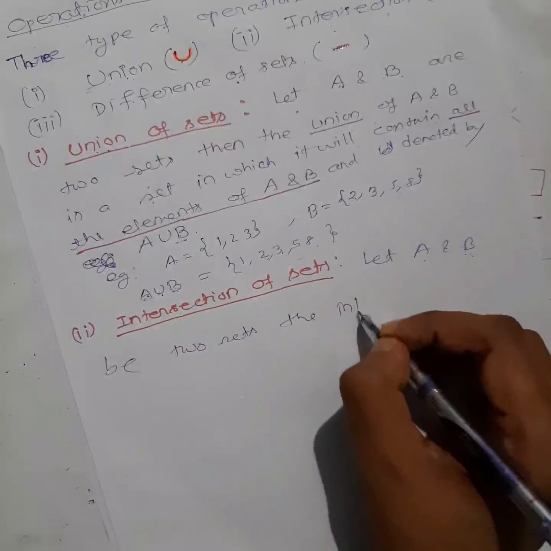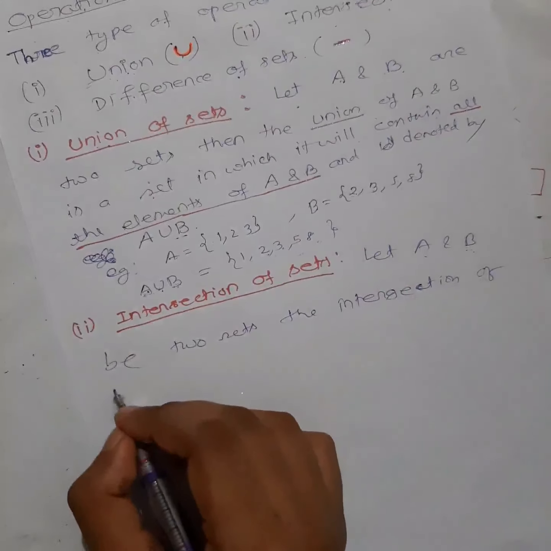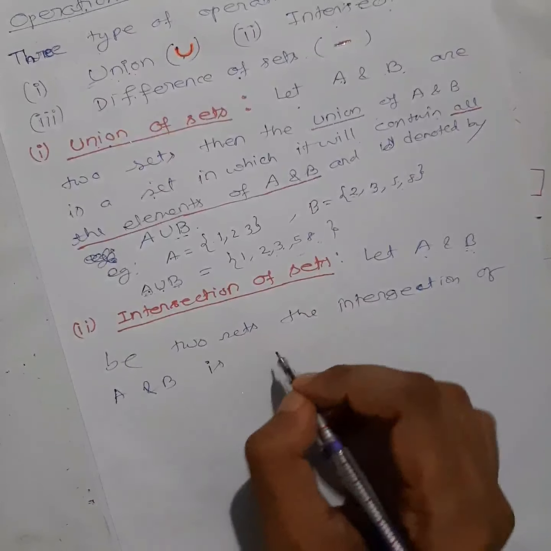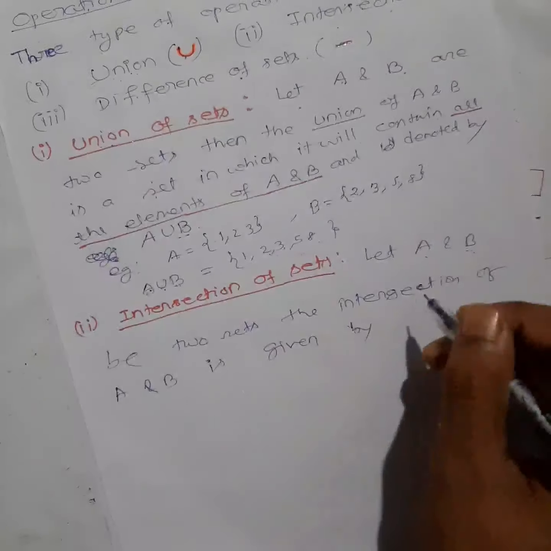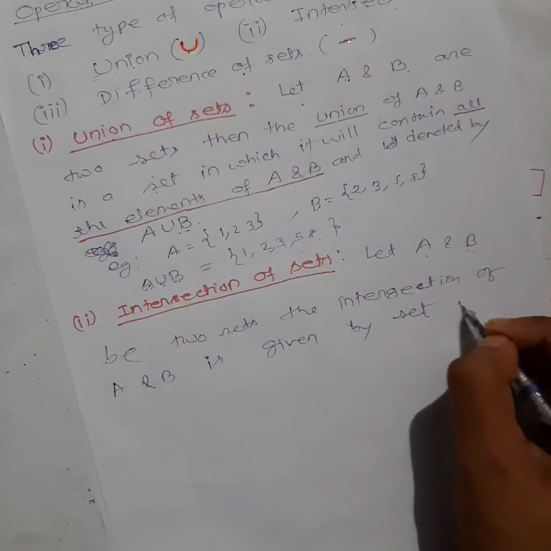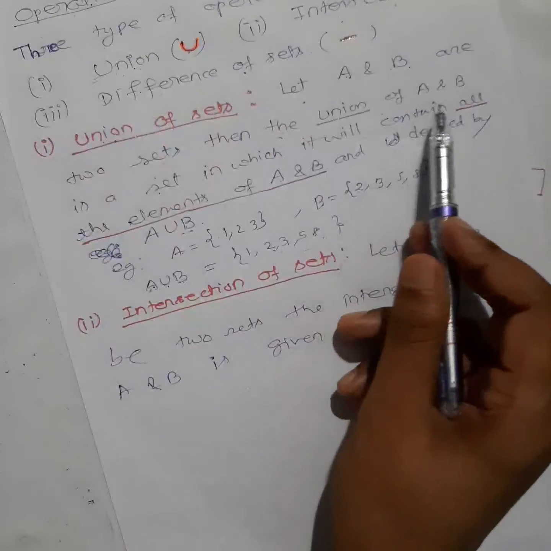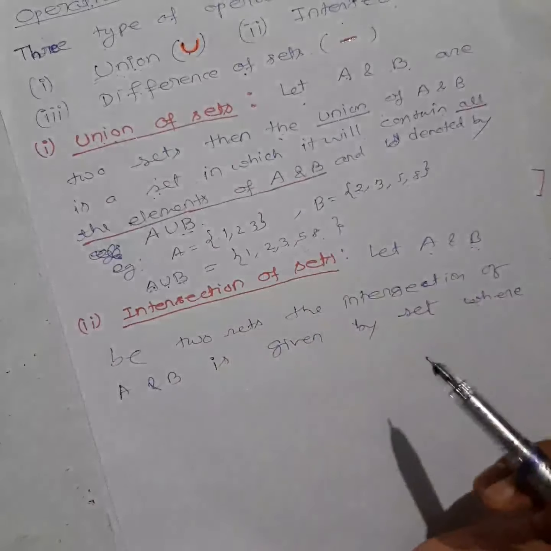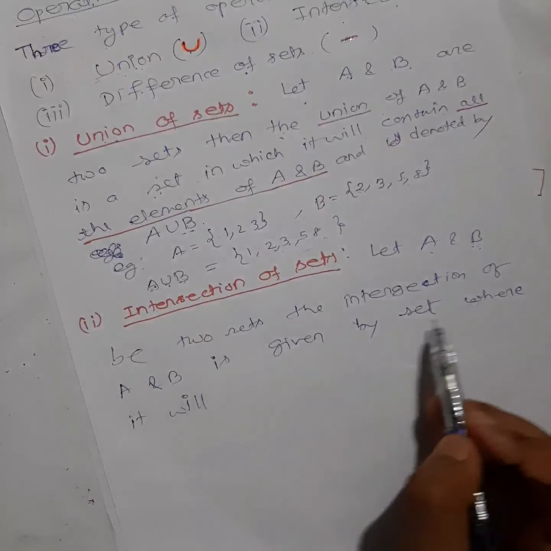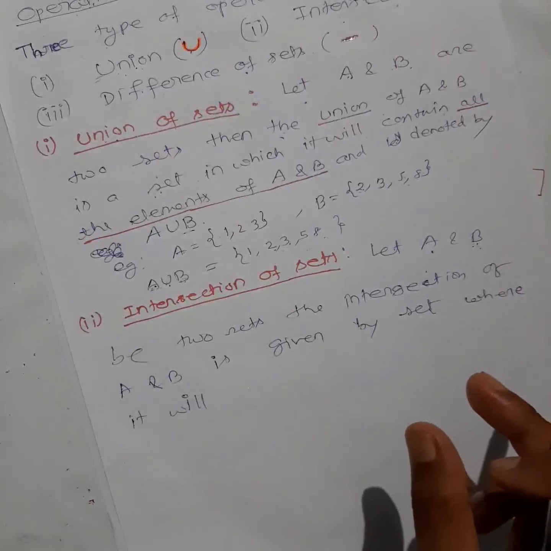then the intersection of A and B is given by the set where, you know that if you do intersection between A and B, then you will get another set, right?